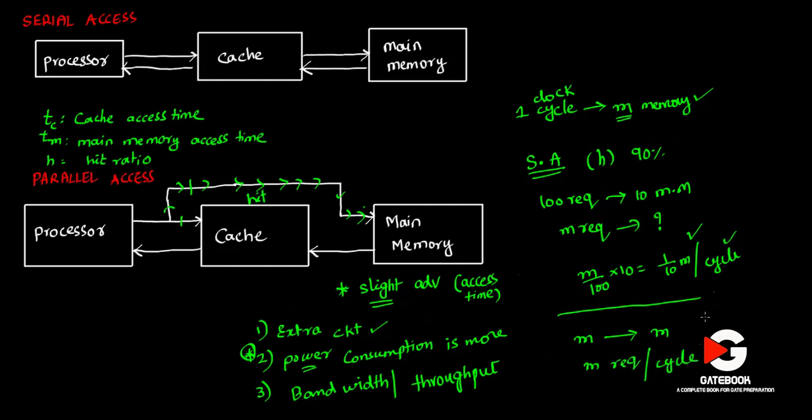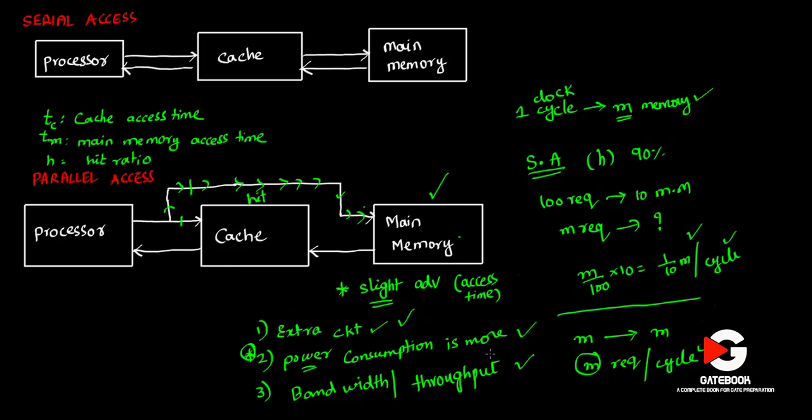So in one cycle of time, here m, here 1 by 10 m. Where is the more bandwidth? Here, correct? That means you have to design a main memory system here which has high bandwidth. Alright. So that is one more negative point.